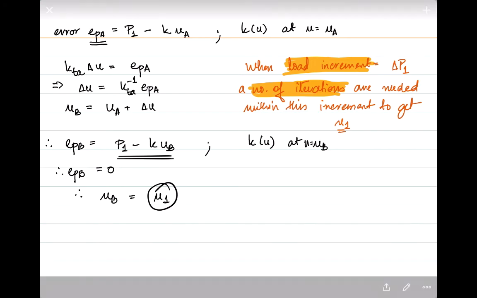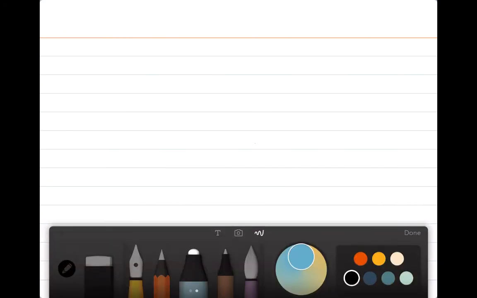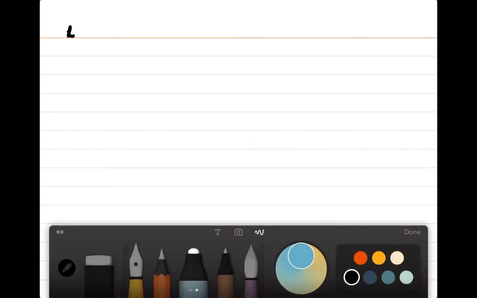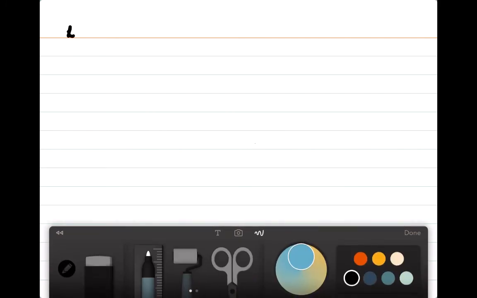Now, to continue further in the same way, we did a second load increment. So we had a load increment delta P2, which was given as P2 minus P1. In this case, we can also write that the tangent stiffness at the point 1 times the change in displacement would be given as the load increment delta P2.